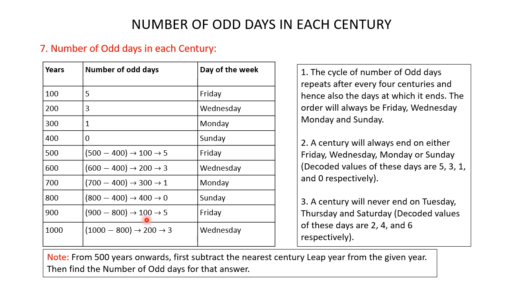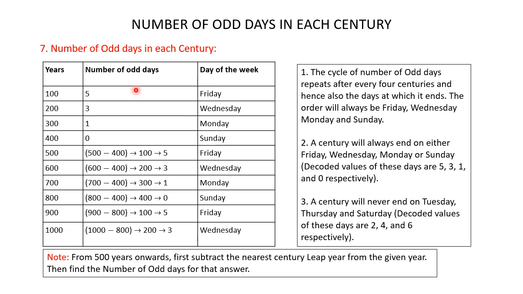We know that in 100 years there are 5 odd days, which means 900 years also has 5 odd days. Similarly, for 1000 years, the nearest century leap year would be 800. So 1000 minus 800 is 200, and we know that in 200 years there are 3 odd days, which means in 1000 years also there will be 3 odd days.